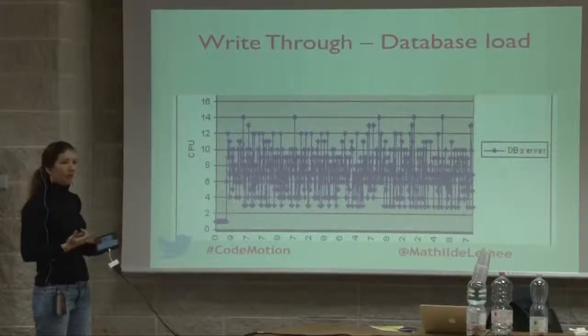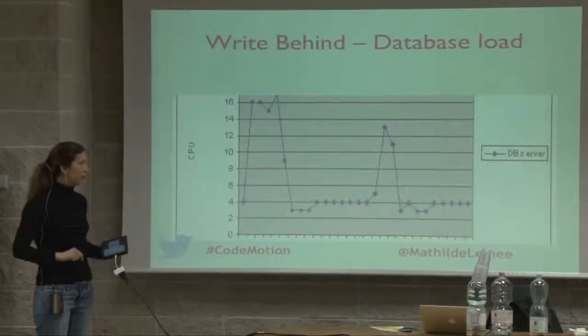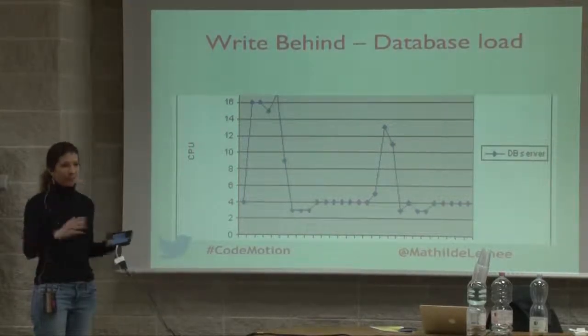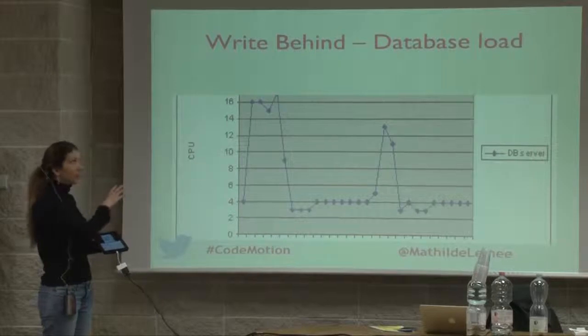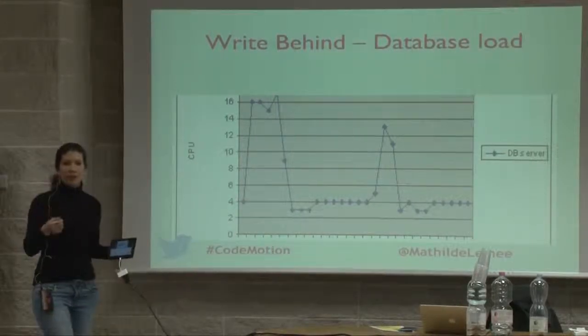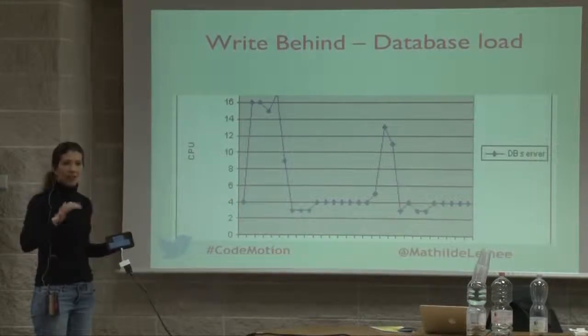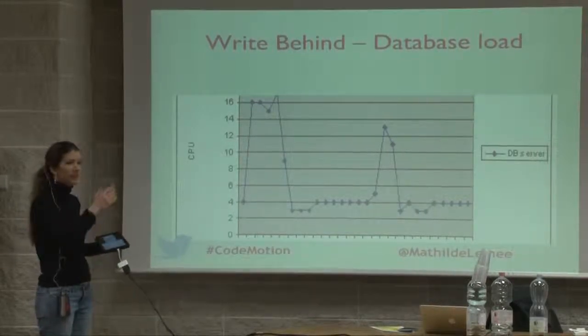Okay, what if we do write behind? As I said before, your database prefers big requests over smaller ones. That's the database load, but I could also have shown you the network kilobytes per second, and it will be kind of the same.